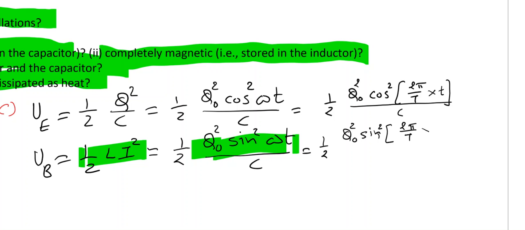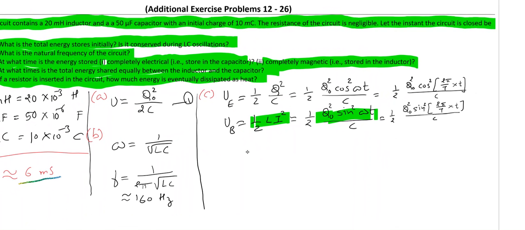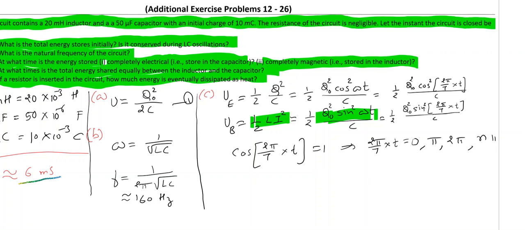For which values of time will this answer be 1? So we know that if you want cos of 2 pi by T into t to be 1, it is possible if 2 pi by T into t is either 0, or pi, or 2 pi, or in general n pi.